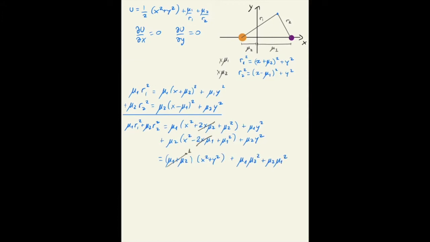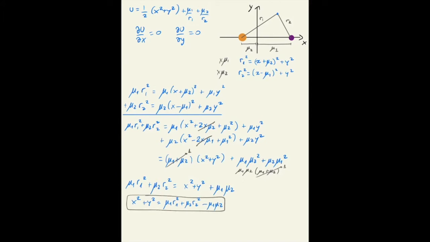And you can extract mu1 mu2 from these two terms, which will then give you mu1 mu2 times mu1 plus mu2, and mu1 plus mu2 is also equal to 1. So in the end, then you have to isolate x squared plus y squared, and substitute this equation for x squared plus y squared into the equation for U. You end up with this different expression for U.